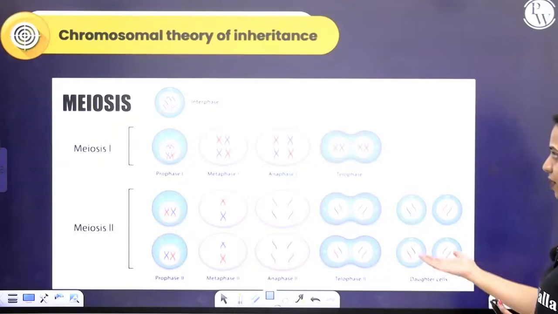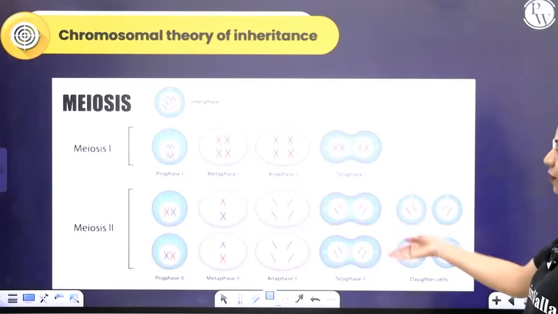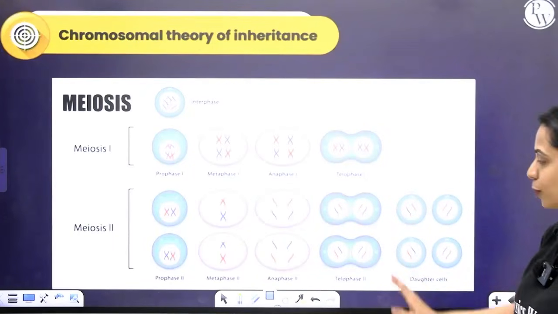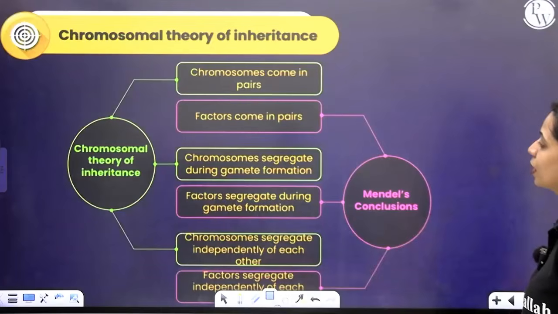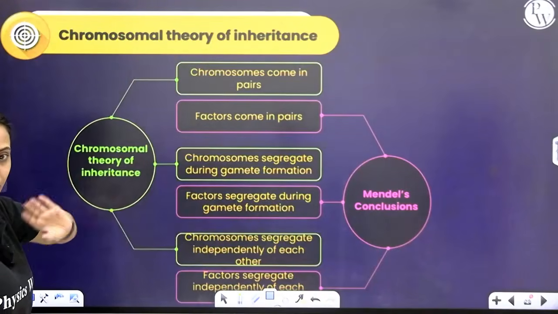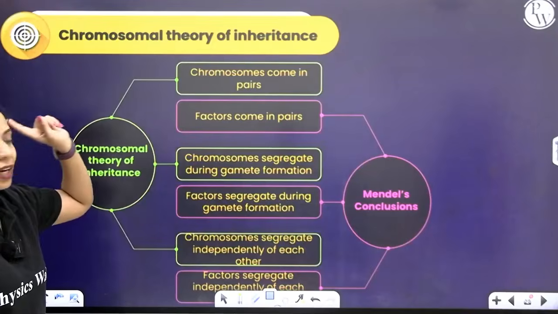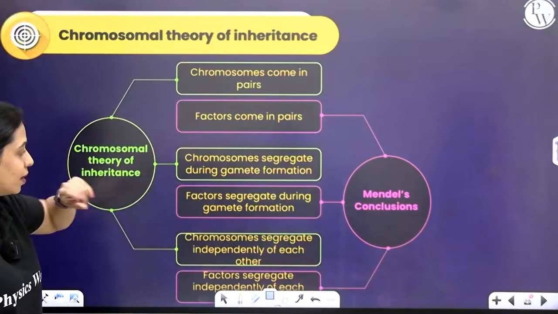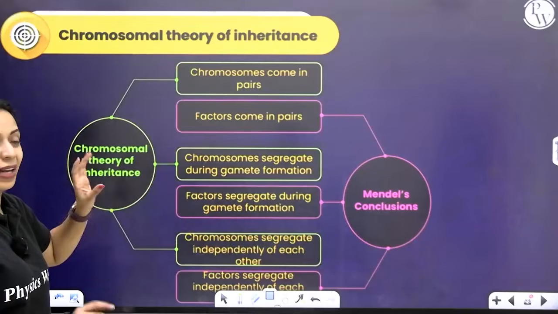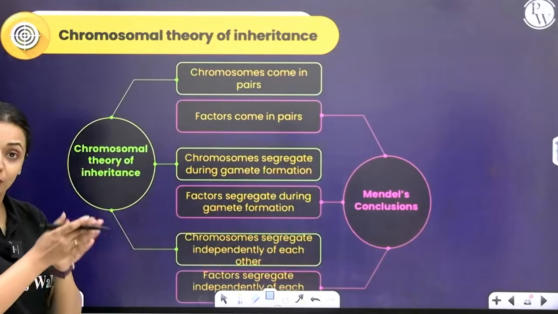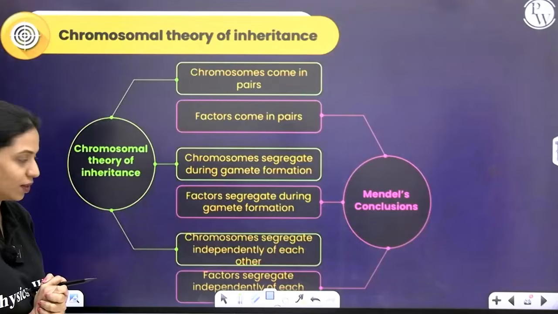You know about meiosis. During meiotic cell division, 2 cycles will take place, and diploid cells will give rise to haploid gametes. We know all of that, right? So what we know about chromosomes is given in these green boxes. You can see how, similar to factors, chromosomes also occur in pairs. Similar to how Mendel said factors segregate during gamete formation, we see chromosomes also segregate during gamete formation.